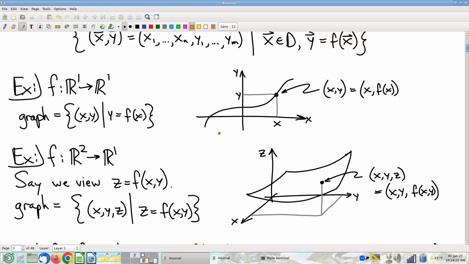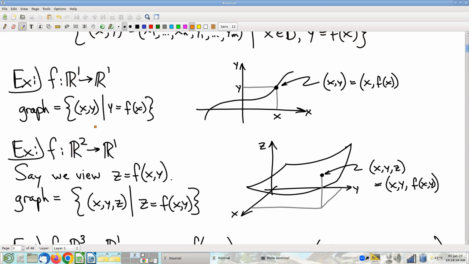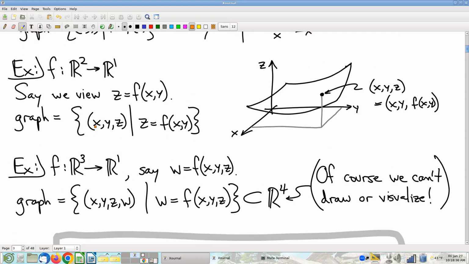But now let's take one more additional step, and instead of one input variable or two input variables, let's consider what happens if we have three input variables. A function from R3 to R1, real-valued because the outputs are real numbers. A multivariable function with three input variables.